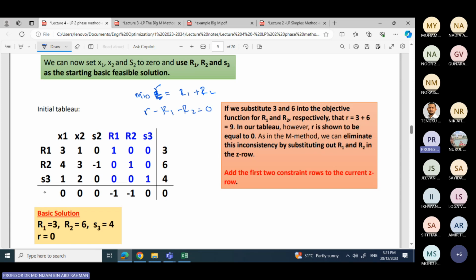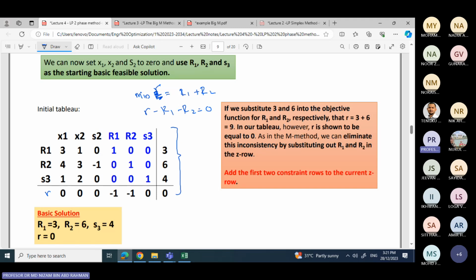Then in the Z or R row you have 0 x1, 0 x2, 0 s1, minus 1 r1, minus 1 r2, 0 s3. So this is your initial table.